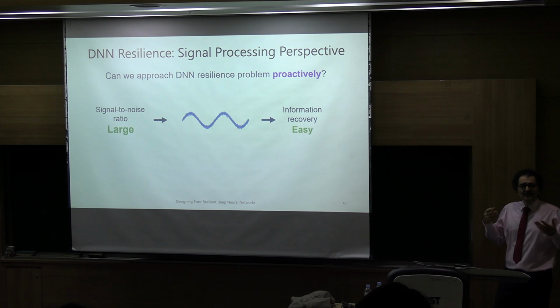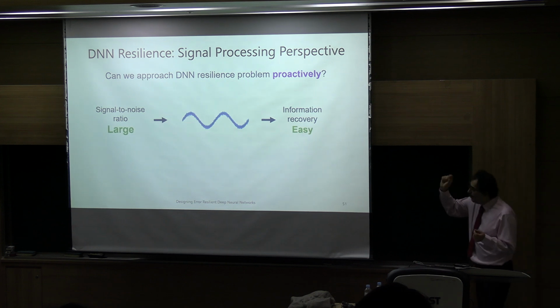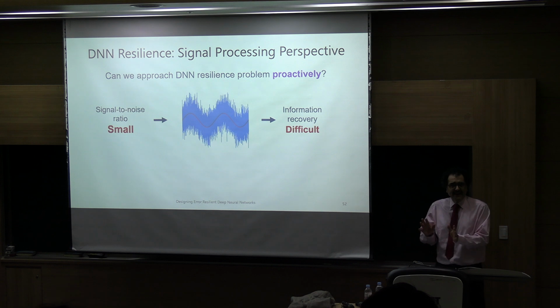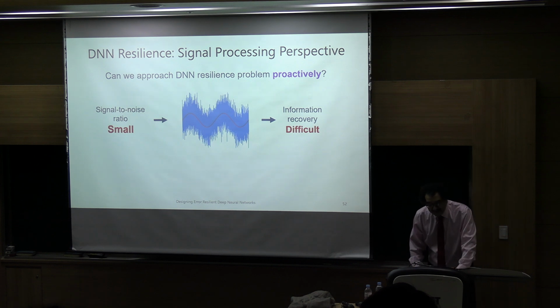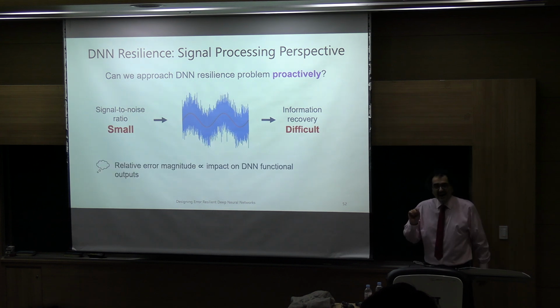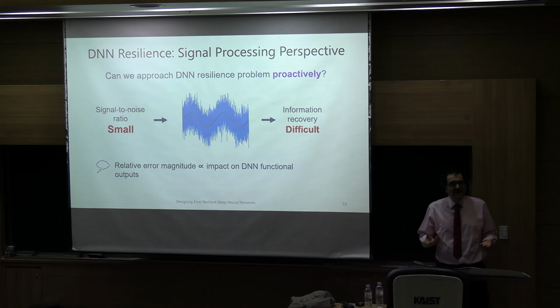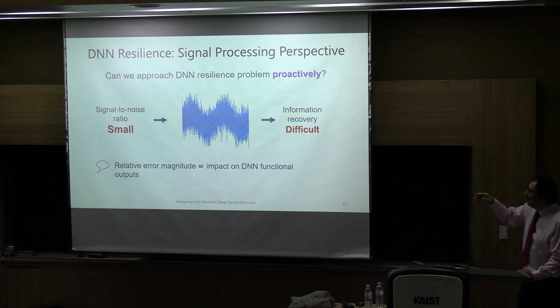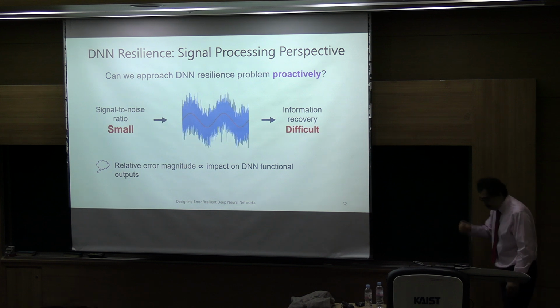If the signal-to-noise ratio in a noisy environment is large, then information recovery is easy. But if the signal-to-noise ratio is small, then information recovery is difficult. So these are very basic ideas over here. So how does this impact our neural networks? Well, the important thing to figure out is that the relative error magnitude is proportional to the impact on the DNN functional outputs over here.